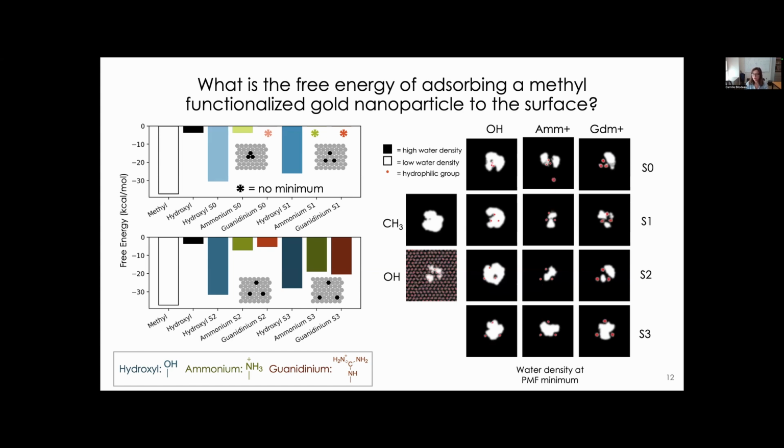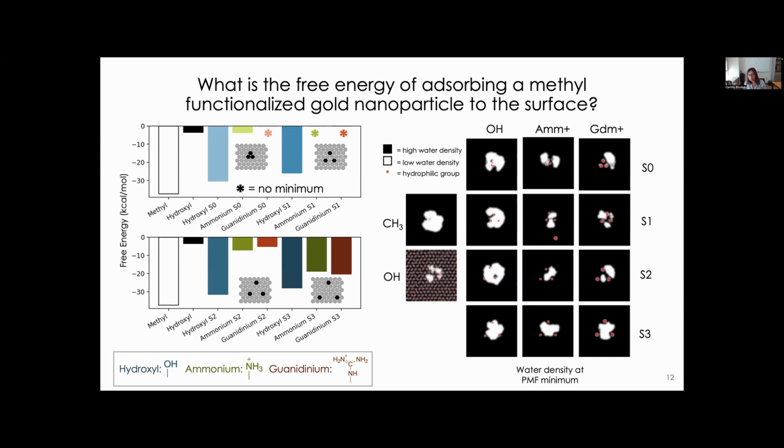But if we look over at ammonium and guanidinium, for the most part, you can see that the nanoparticle is effectively trying to avoid the charged groups. It's working its way around them as opposed to trying to de-wet those water molecules. And so even though the water molecules in the solvation shell of ammonium might be hard to remove, they don't actually get removed during the adsorption process.